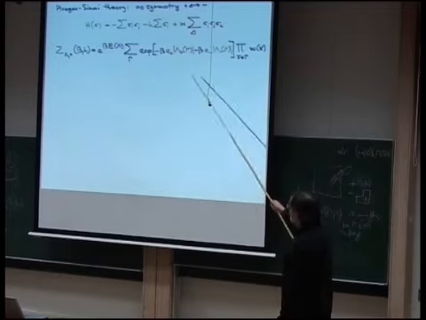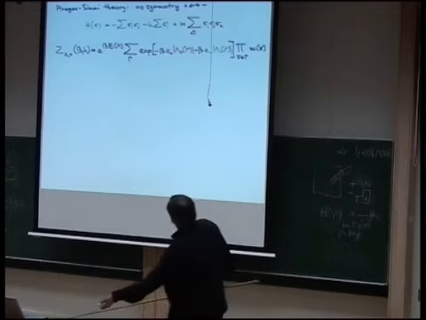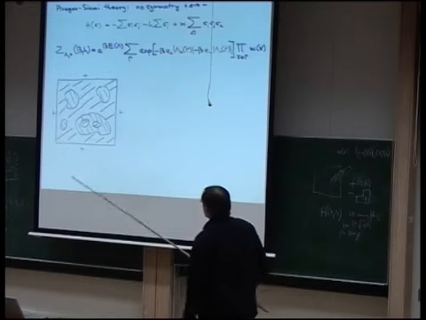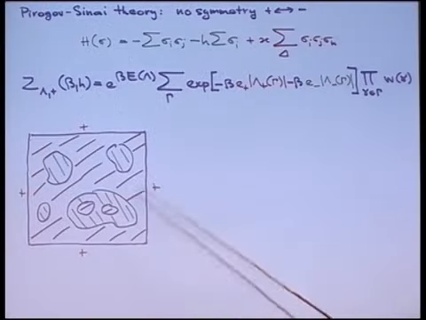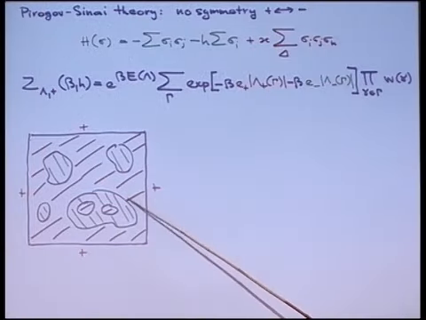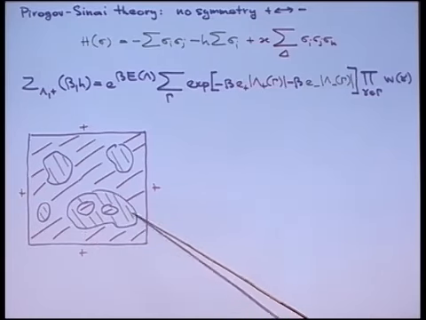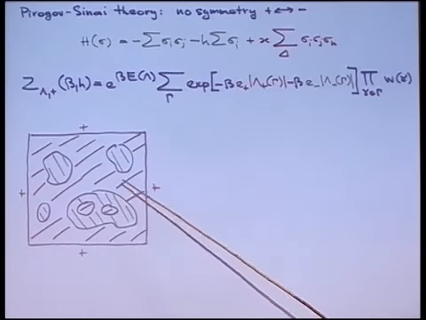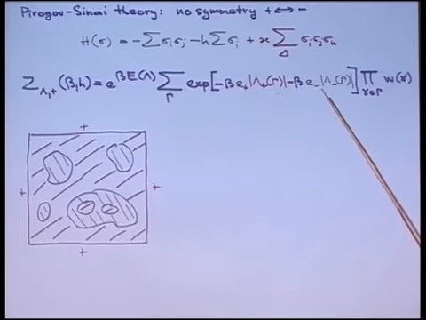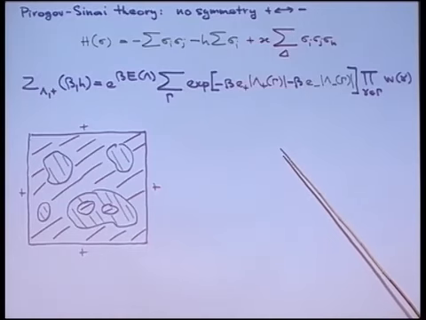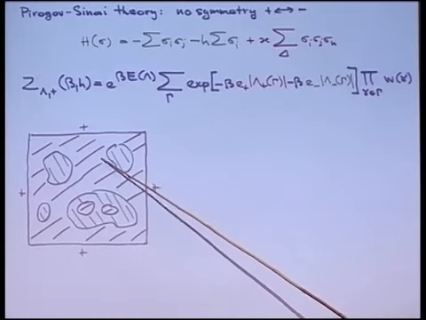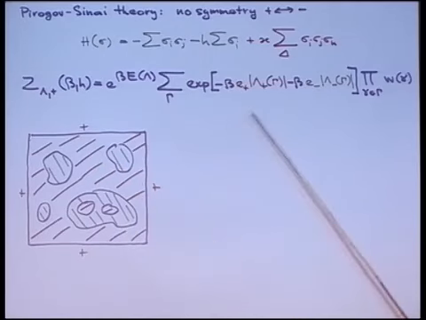So this is one thing. And then in the regions in between, maybe let me show you the picture. Okay, so this is my configuration. I have my contours. I have regions covered with pluses, and regions covered with minuses. So even the energy of these regions will play a role.